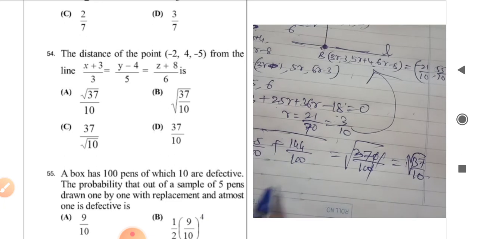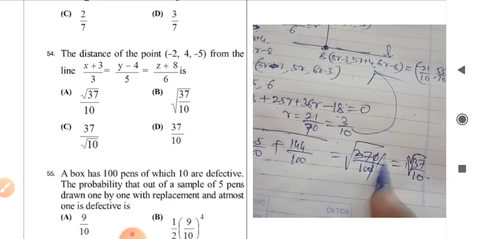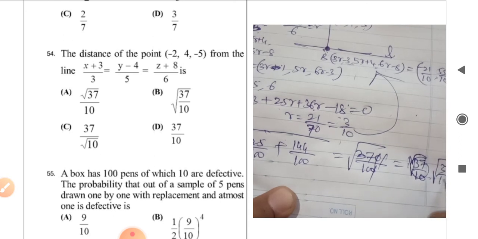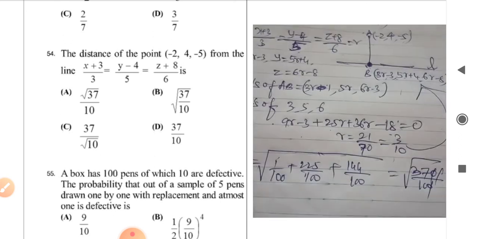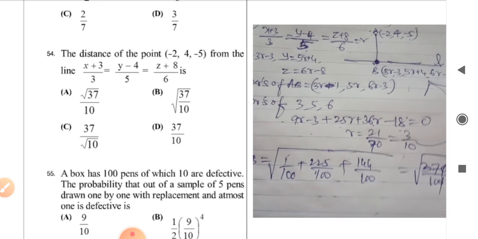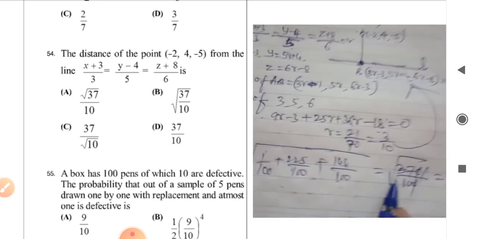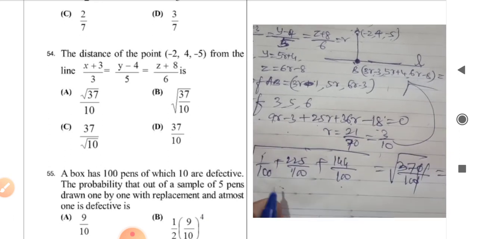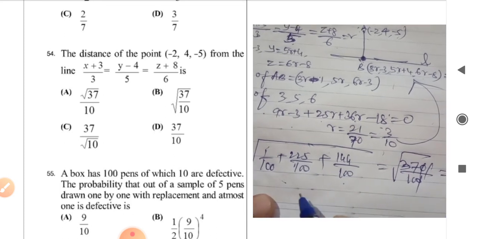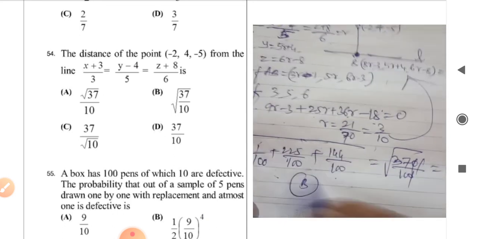Look at this, 100 is given, 370, if I cancel the 0, this comes under root of 37 divided by 10. Correct. So B answer is correct here. Even if I go with 370 divided by 100, that's fine, no problem. Yes, answer B is correct here.